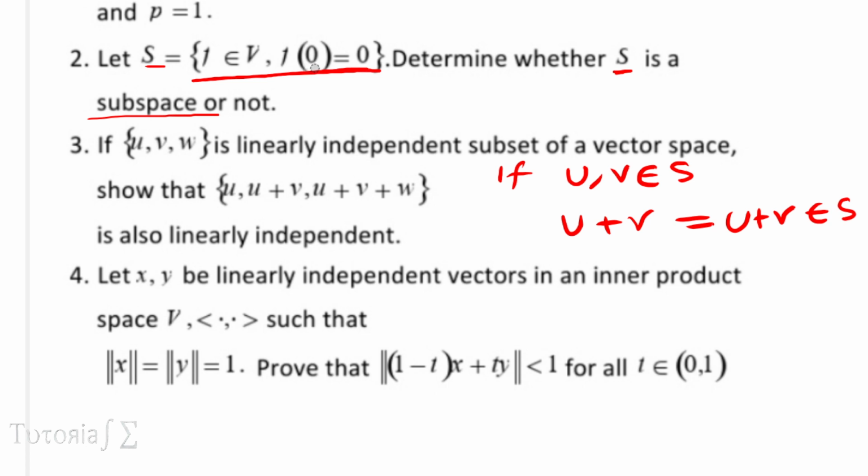I'll give an example before we do this one. So that is the first one: if you get two vectors in the given definition, when you add them, they should maintain the definition. The second one: if you get one vector from the definition and a scalar from the K space, when you multiply the vector and the scalar, they should maintain the same definition.